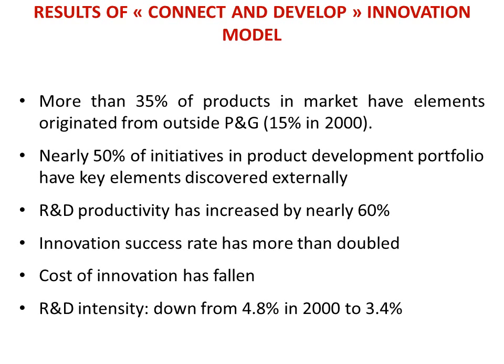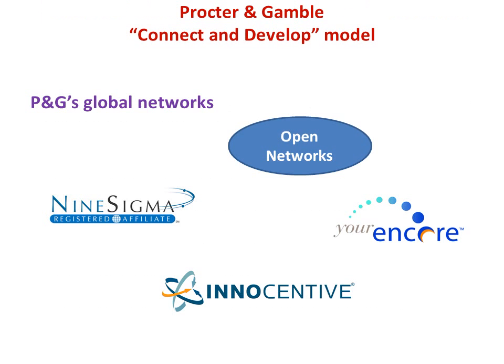They claim that at parity of cost, R&D productivity has increased by nearly 60%. They claim the innovation success rate has more than doubled, and R&D intensity is down from 4.8 to 3.4.